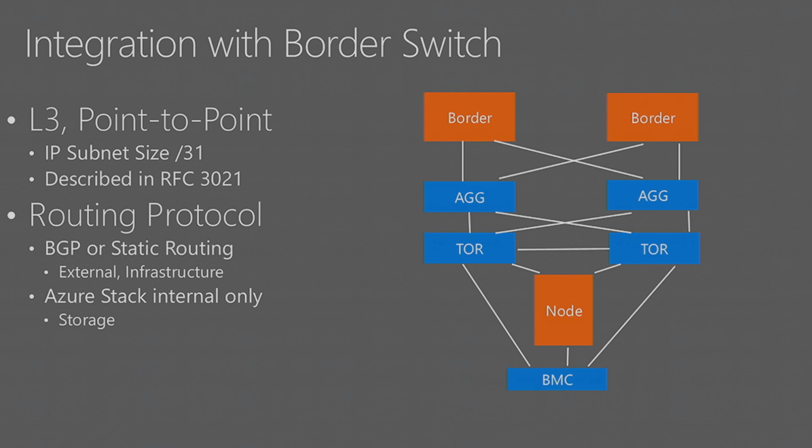The routing protocol that we use to announce routes up to your devices is BGP, but we also can do static routing. Static routing obviously leads to more work and more changes on your side because it isn't dynamic.